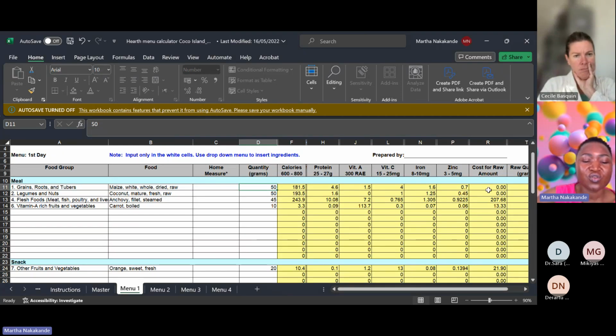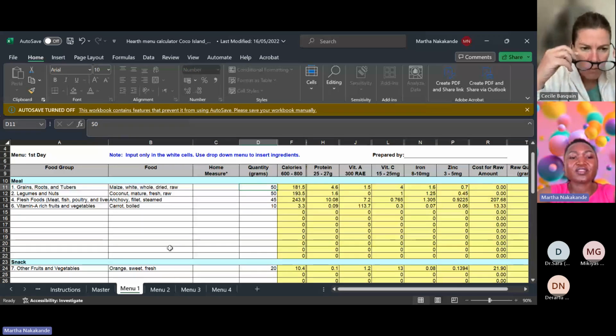But you see the total cost here I have is 0. Do you know why we have 0? Because in the master column, we didn't feed the cost of raw foods. Exactly.